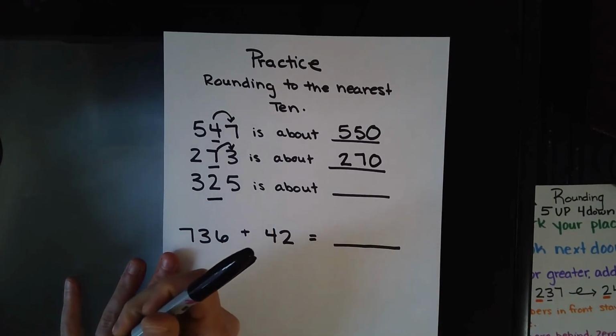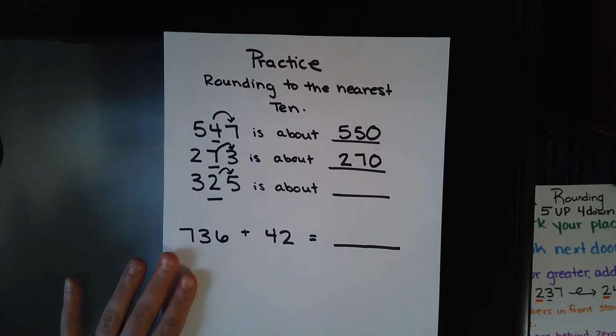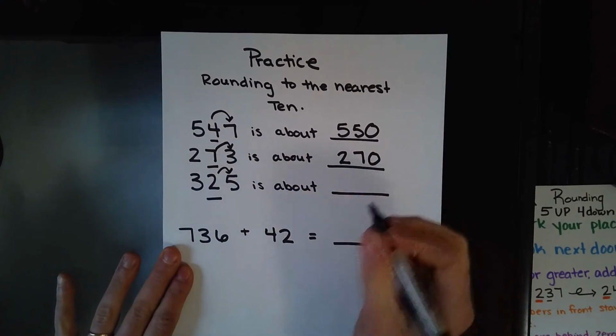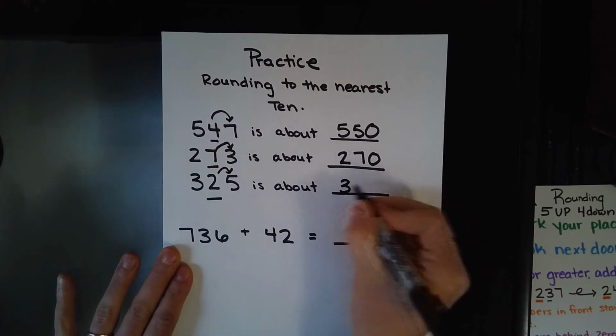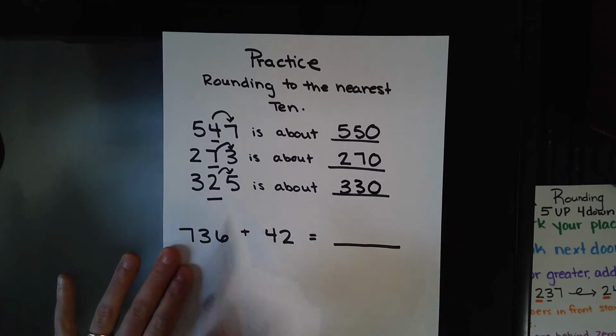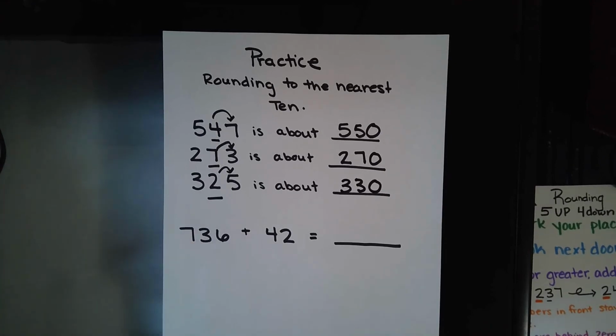Then I need to look at the back door, you're right. 5 is the same as 5, but what was that mantra? 5 up, 4 down, so 5 is still going to make us go up, so 330. 325 is about 330. Great job.